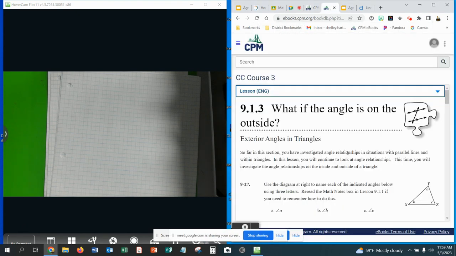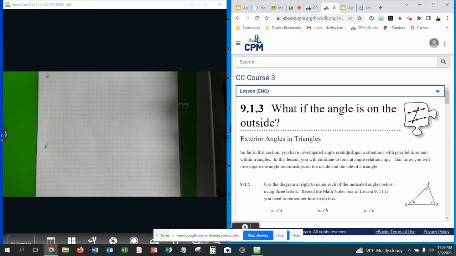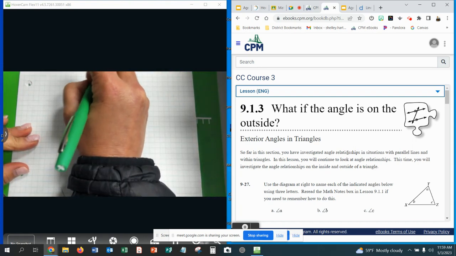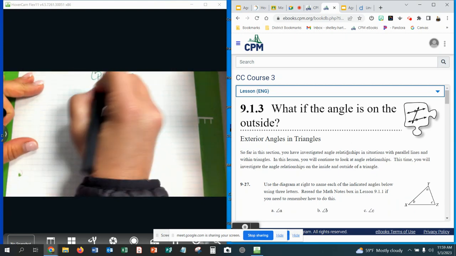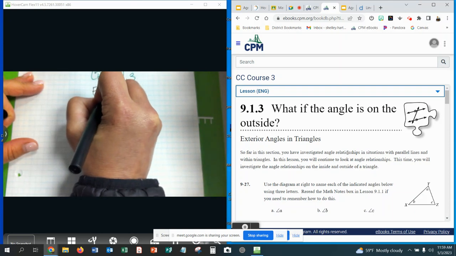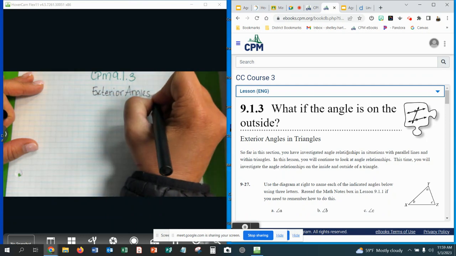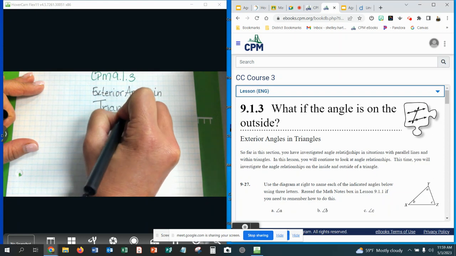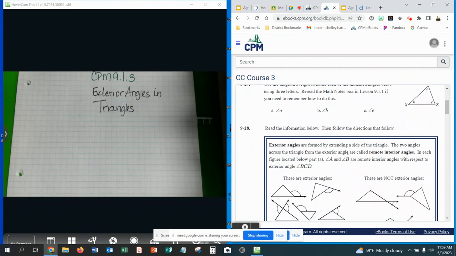All right, here we go. So, first off, let's talk about exterior angles.